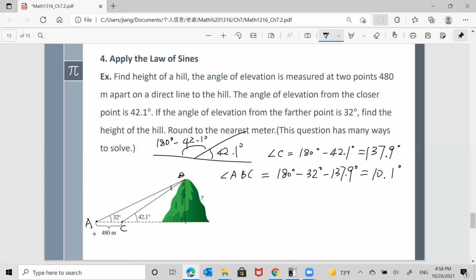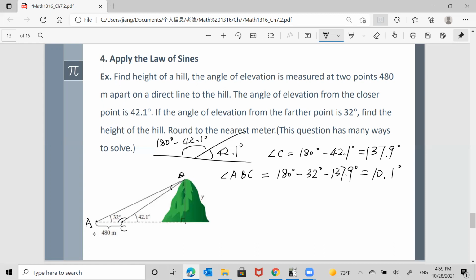The opposite angle of this side is C, right? It's C, 137.9 degrees. And angle B, ABC, we have got from here. And the opposite of this angle is 480 meters.